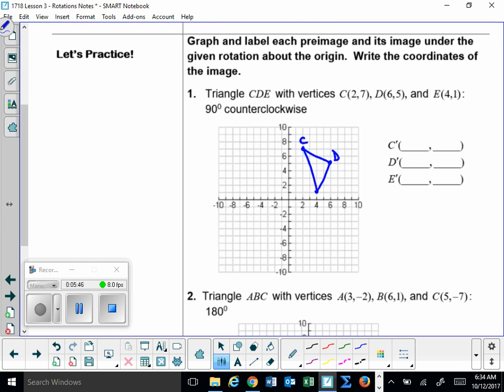C, D, E. Every time you graph, you have to label those vertices. All right, we're going 90 degrees counterclockwise. I always draw my little arrow to help me remember.